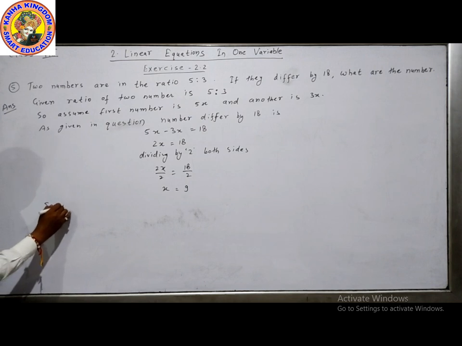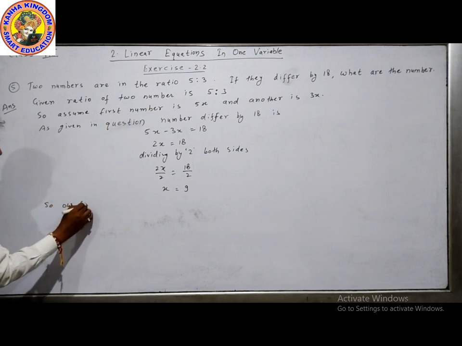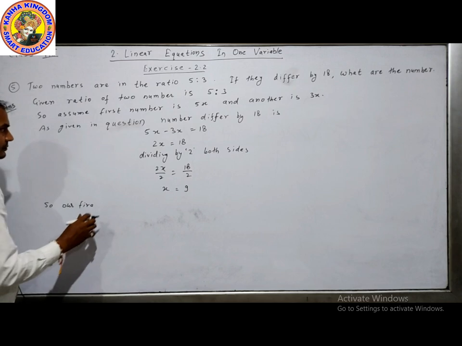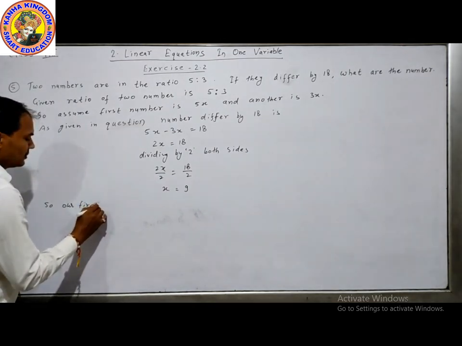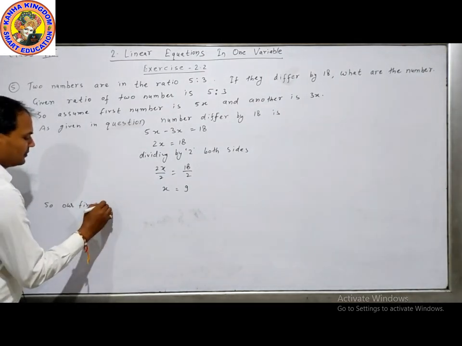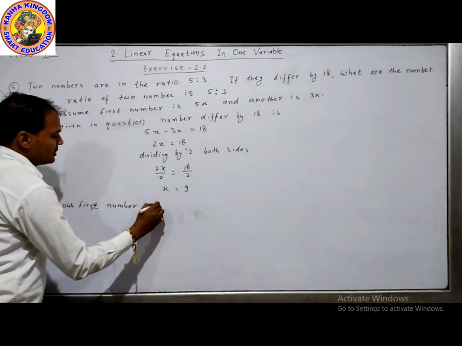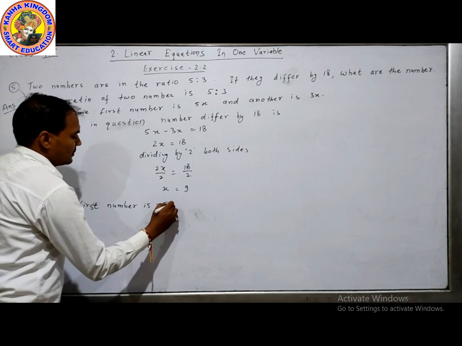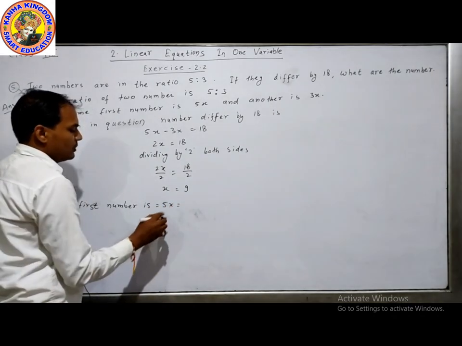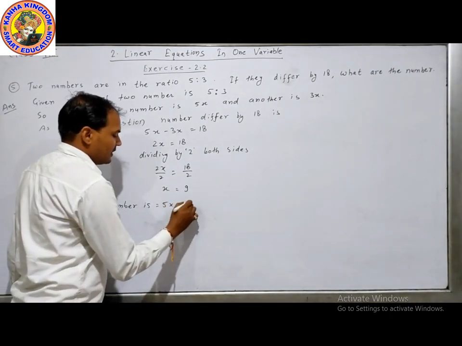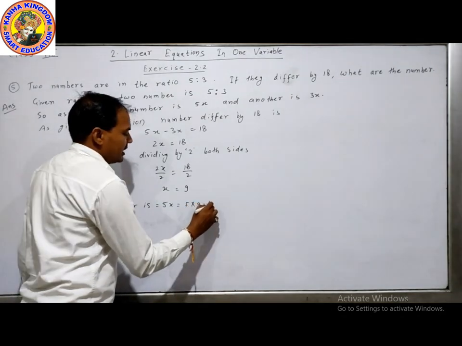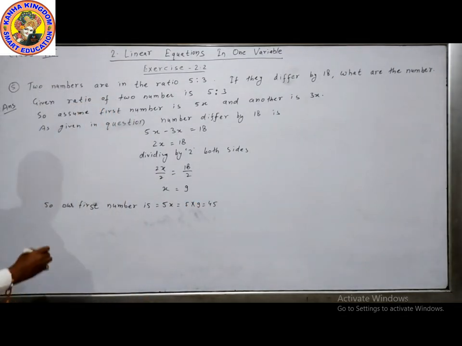So our first number is 5x. Put the value of x. X is 9. 5 into 9 is 45.